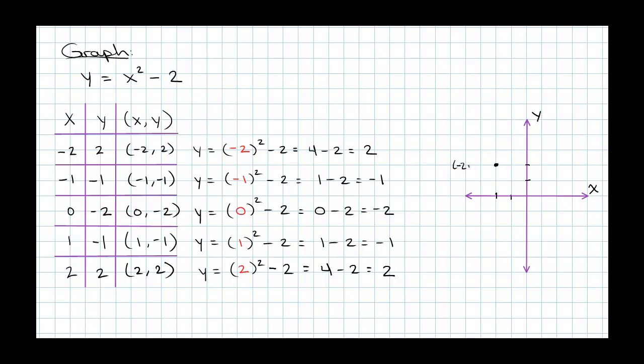There's negative 2 comma 2, negative 1 comma negative 1, 0 comma negative 2, and 1 comma negative 1, and last but not least 2 comma 2.